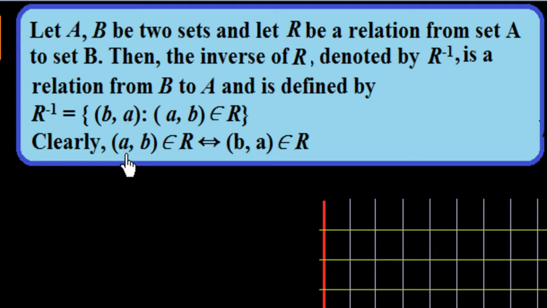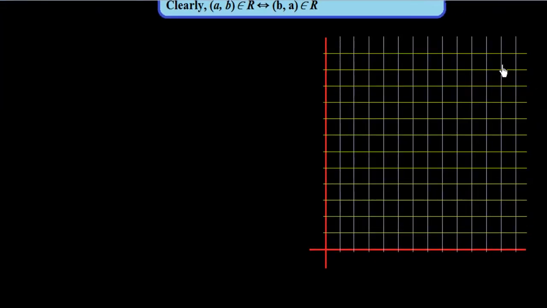Clearly, (a, b) belongs to R and (b, a) belongs to R inverse. So it's the same thing here. I will explain how we get the inverse of a relation. First I show you the graph. This is our graph, this is our x-axis, this is our y-axis, this is our origin.